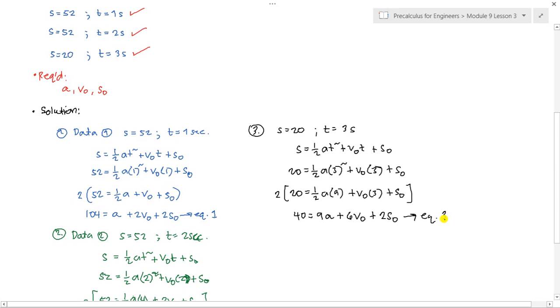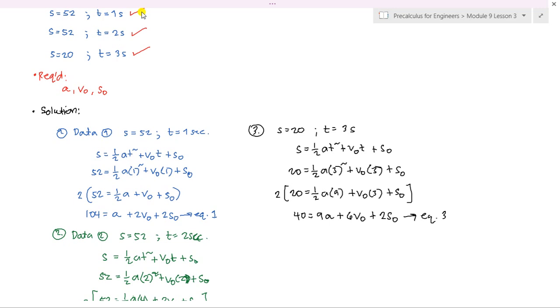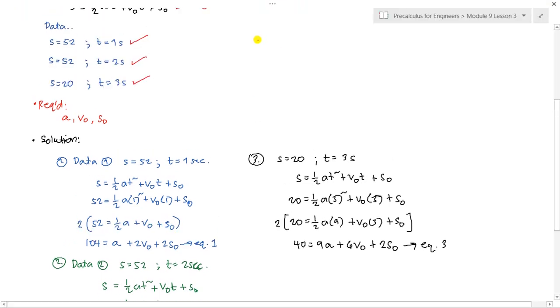So sakto ba class? Wala ba sayop? Okay ra? So wala sayop no? So ato isuwat balik ato equation. So we have 104 equal to a plus 2v naught plus 2s naught.